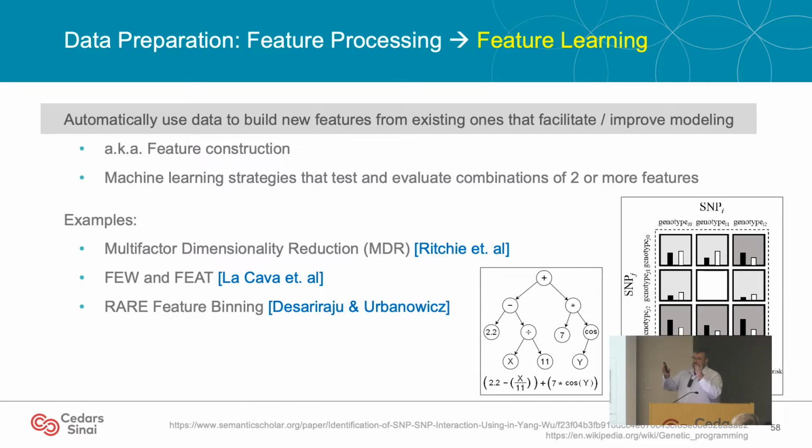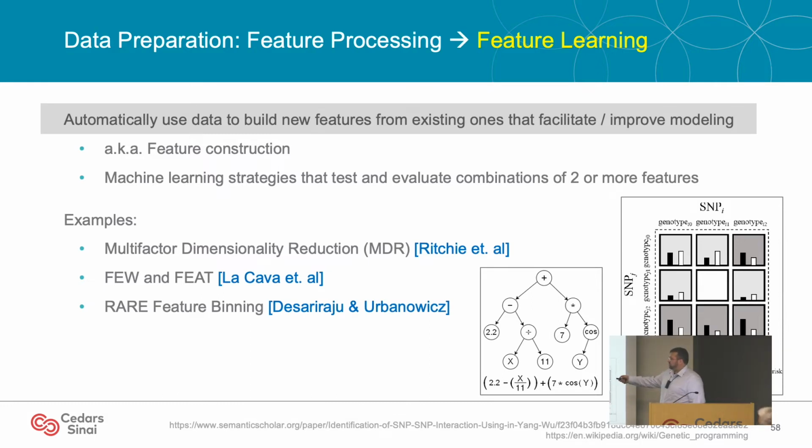And so you're taking multiple variables, collapsing them down into a single new variable that any simple machine learning algorithm can detect. So in other words, you can use a simple linear regression potentially to detect a complex interaction if you first use feature learning to make a more accessible feature, something that's easier for machine learning to learn on.